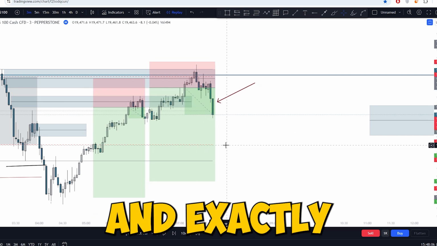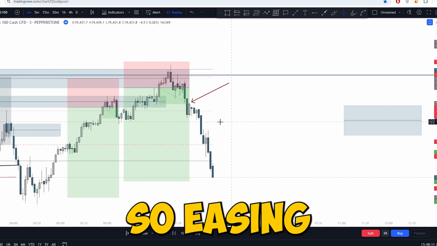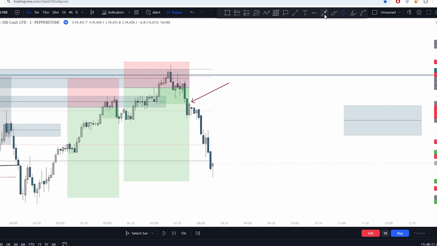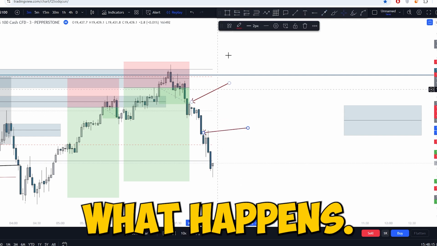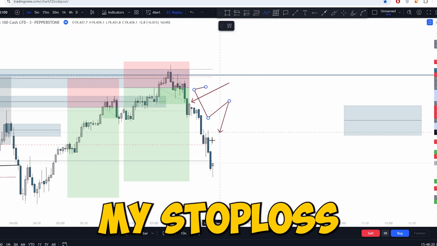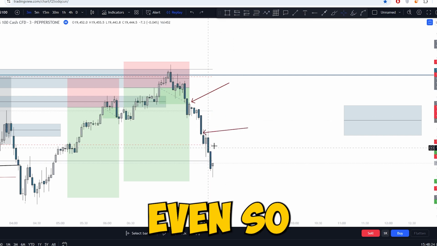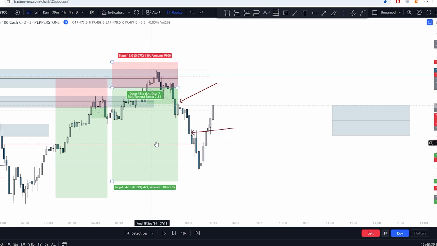Now we saw that, and exactly as so, easing some of that pressure, and then let's see what happens. By this time, I moved my stop loss to break even so that our trade is free.